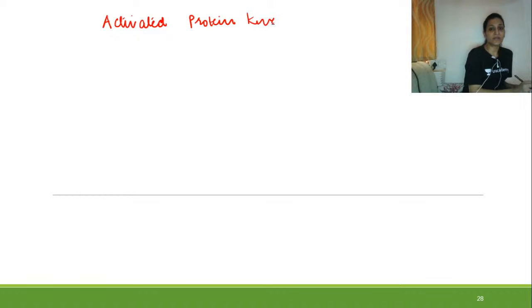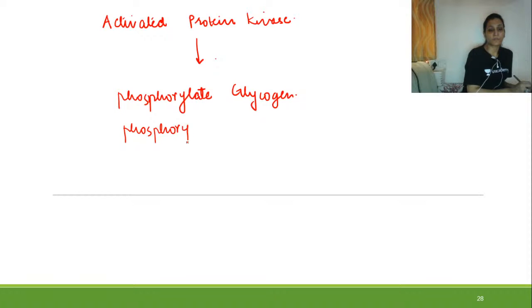Activate kinase. What is it going to do? It will phosphorylate glycogen phosphorylase, and this glycogen phosphorylase is now activated because of the phosphorylation.